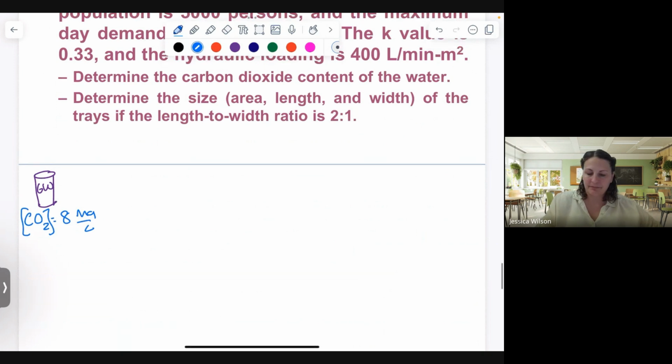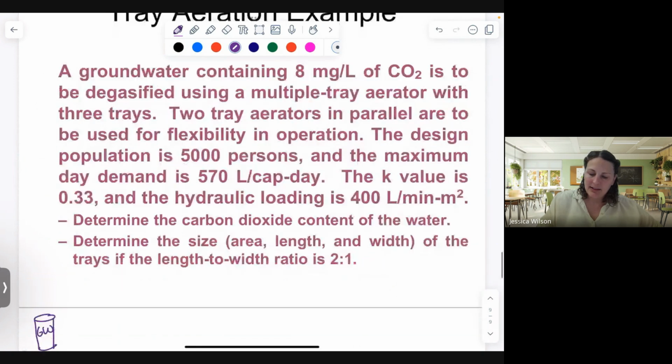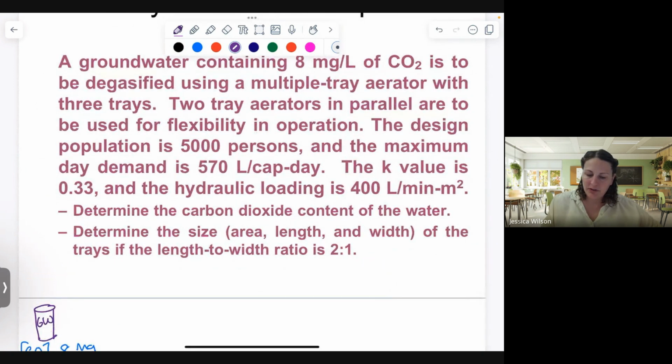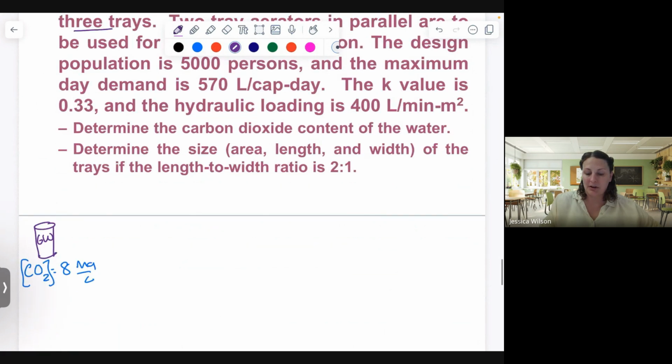And it's to be degasified using a multiple tray aerator with 3 trays. And we have 2 tray aerators in parallel to be used for flexibility in operation. So each tray aerator has 3 trays, and we have 2 total tray aerators.